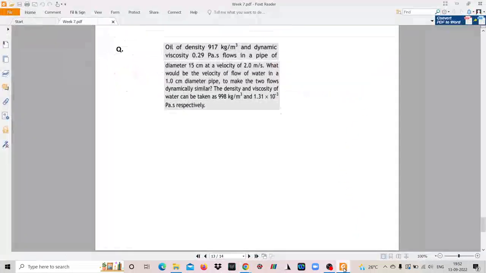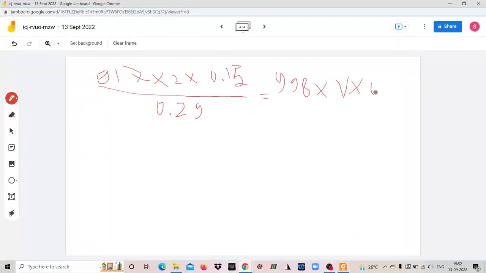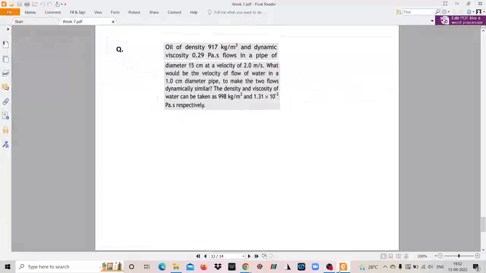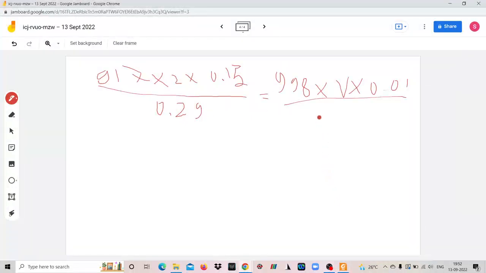The diameter is 1 centimeter, so 0.01, divided by mu, which is 1.31 into 10 to the power minus 3. Okay, so let's see.